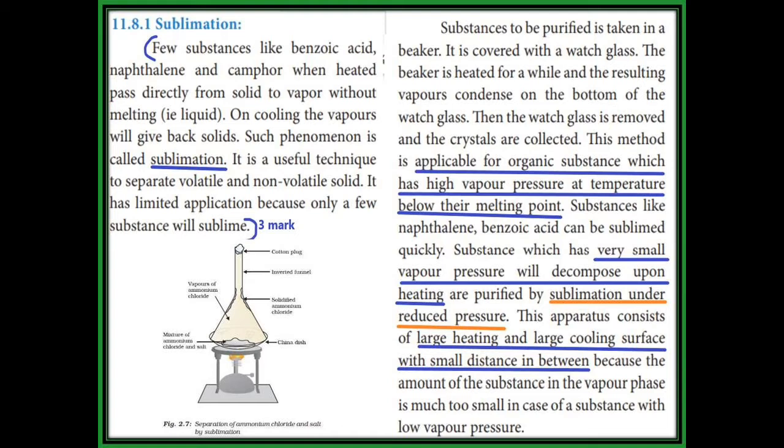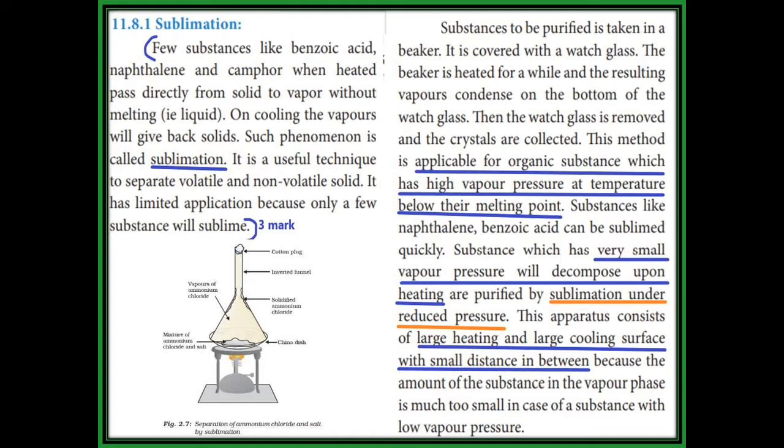In this sublimation process, we use volatile substances. Volatile means vaporable, and we separate the volatile substance from a non-volatile solid. Non-volatile means it is not vaporable. So the impurities may be non-volatile and the organic substance a volatile one.